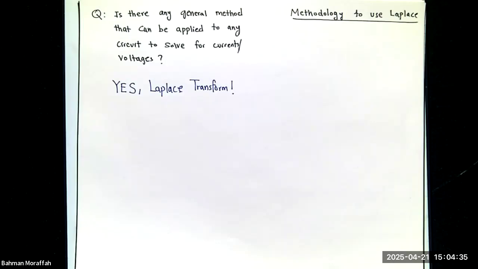If the circuit is not linear, we cannot apply this Laplace transform. What can we do? We have to linearize the circuit, by whatever method that we know, Taylor expansion, any method. The good news is whatever circuit we're dealing with in this class is linear, so we don't really have to worry about it. But in case it is not, we always have to linearize.